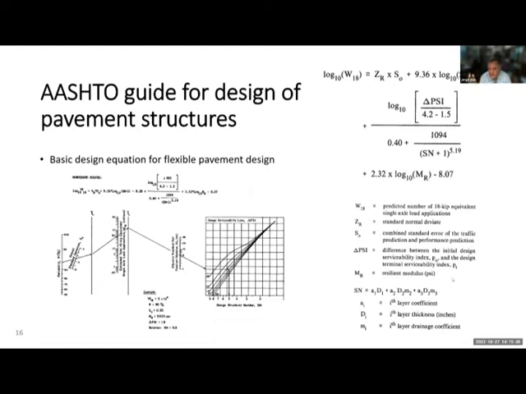That is this one that is a function of the PSI, so the quality of the pavement, mainly the difference between an initial and a final quality, the subgrade or foundation modulus, and the thickness of the pavement.